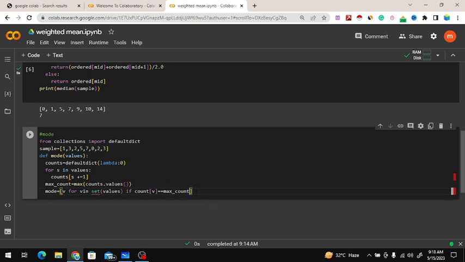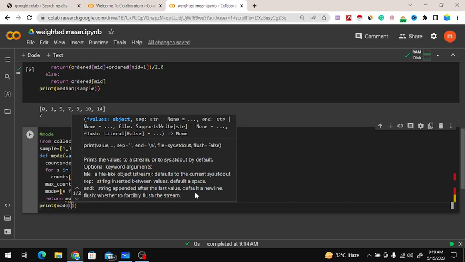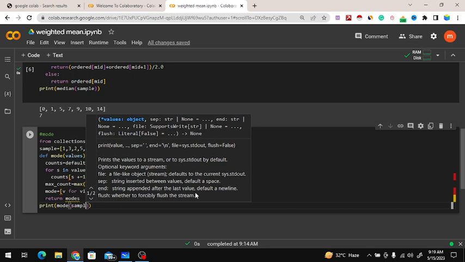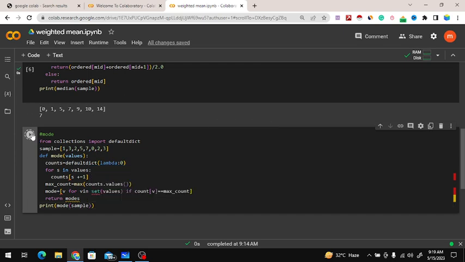Now return modes. So modes, and print mode sample. It's right.